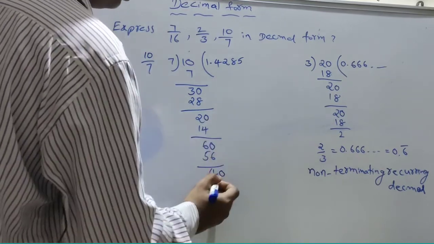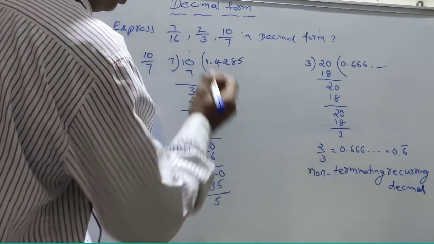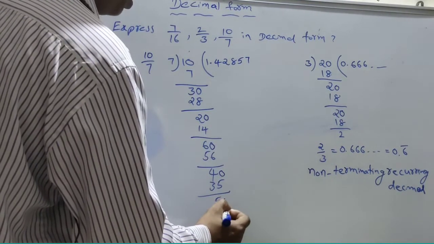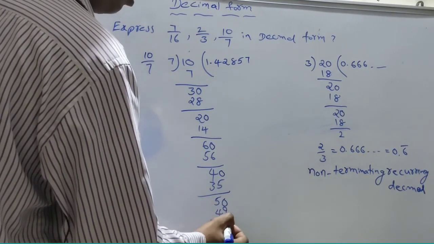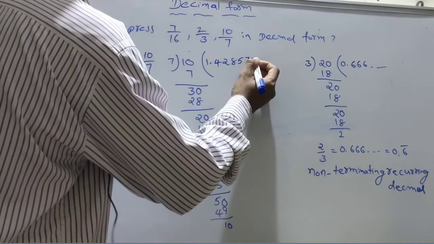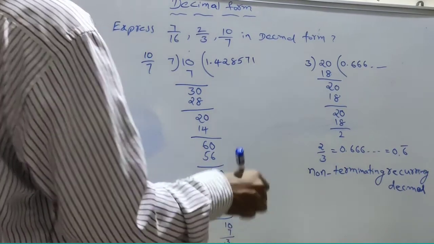7 5s are 35, 40 minus 35 is 5, already point is there, 0. 7 7s are 49, and again we got 1, already point is there, 0. 7 1s are 7, 3, like that.